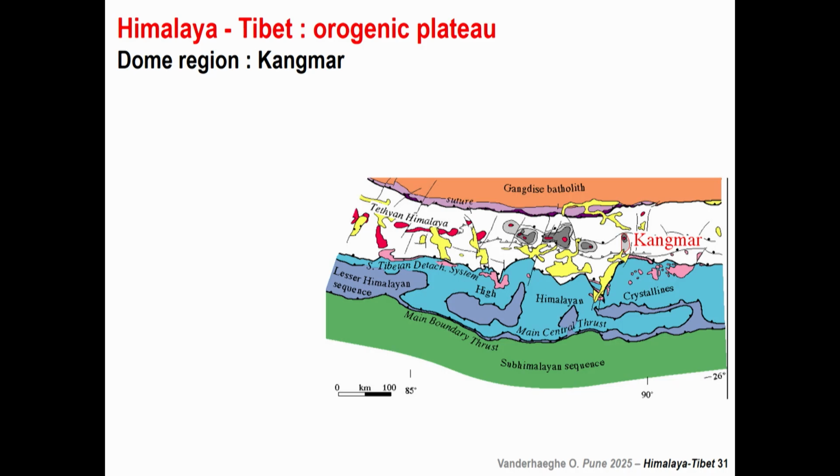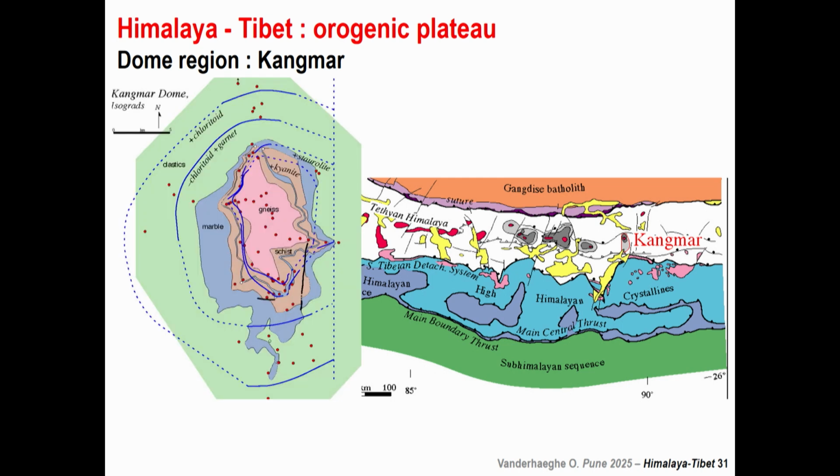There's also the same type of thing to the east of the Himalayas in the Kangmar, and all these are small domes. Same thing, gneisses in the core, metasediments in the rim, and isograds that are concentric, with high temperature in the middle, lower temperature on the side, and it's fairly mid-pressure, not high pressure.